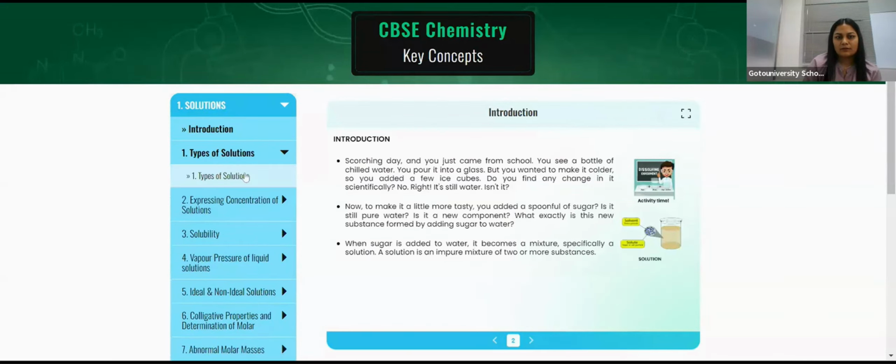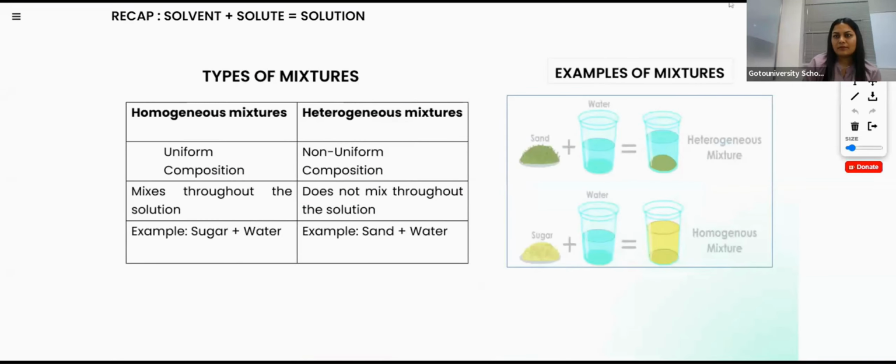Types of solutions. Do you know how many types of solutions there are? Basically, there are three types of mixture that form a solution. As I have told you, in the previous classes you have studied about homogeneous mixture and heterogeneous mixture.